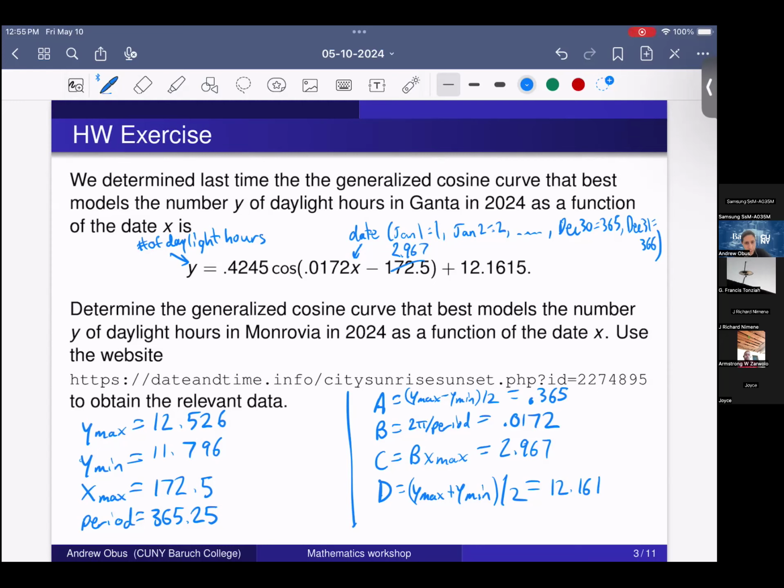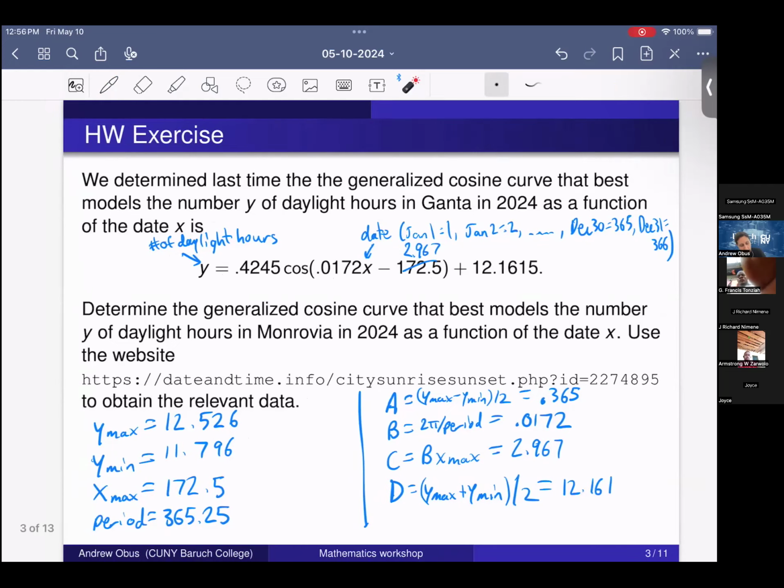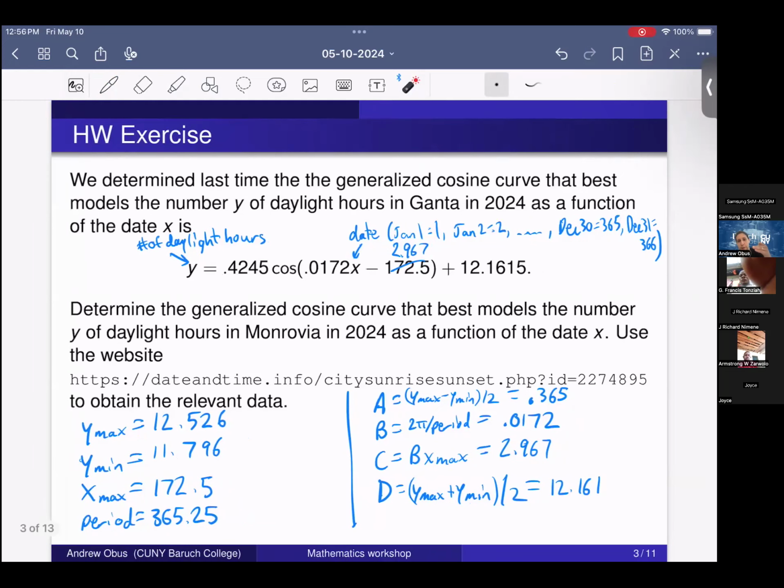So we see they're not so different from what you get in Ganta, although the A parameter is somewhat different. We expect in Monrovia, because it's closer to the equator than Ganta, that the daylight hours will vary a little bit less than they do in Ganta.